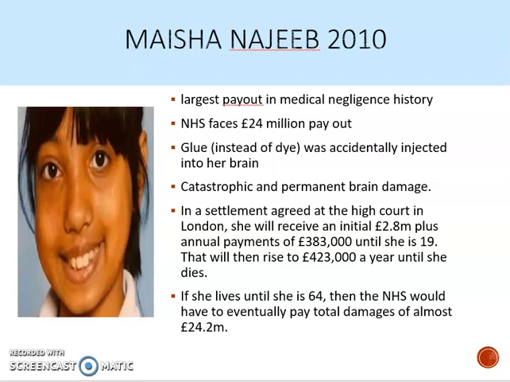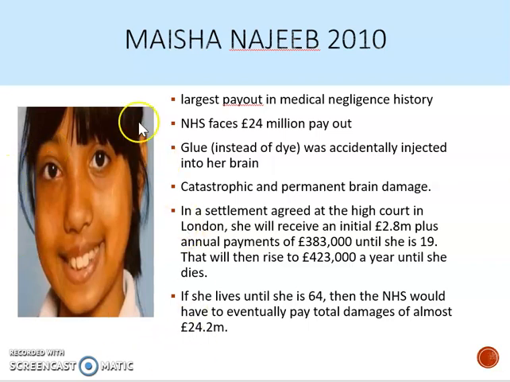I'd like to remind you of the case of Masha Najib, which we've looked at when we were looking at the civil system, because this is a really good example of damages in tort, because this was the largest payout in medical negligence history, where the NHS faces a £24 million payout when glue instead of dye was injected into Masha's brain.